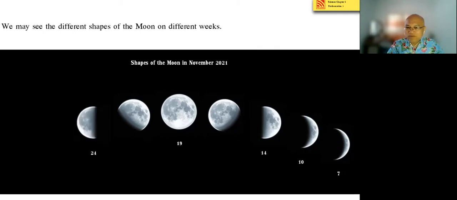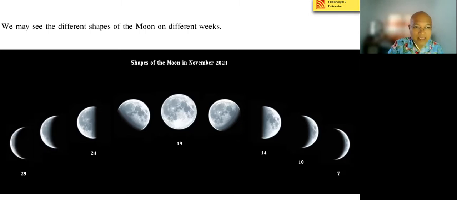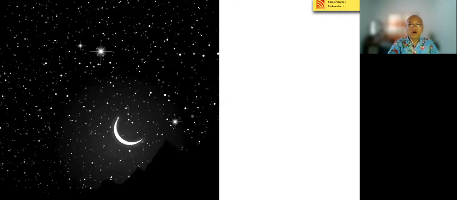On the 24th, it looks like a half moon. And on the fifth week, it goes back again to a crescent. Only a little of it is shown. I want you to draw that one there, and color if you like.